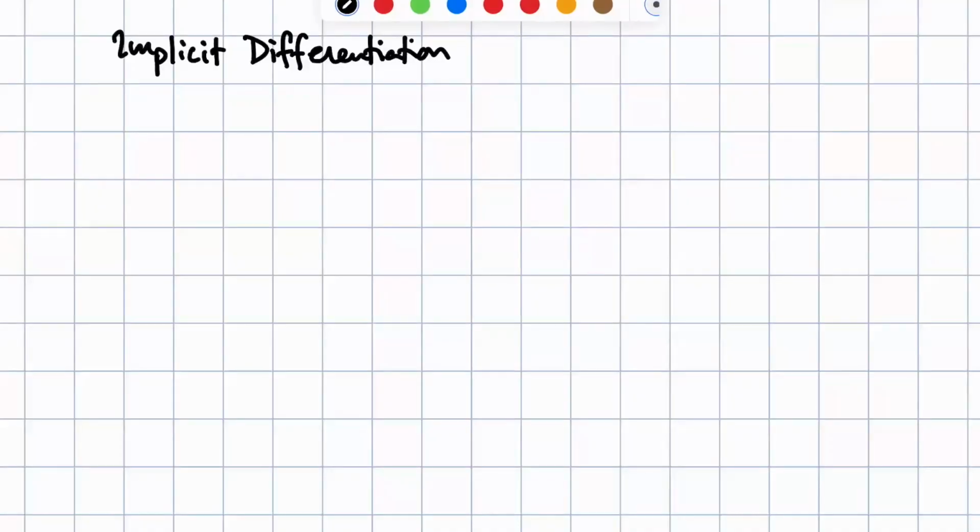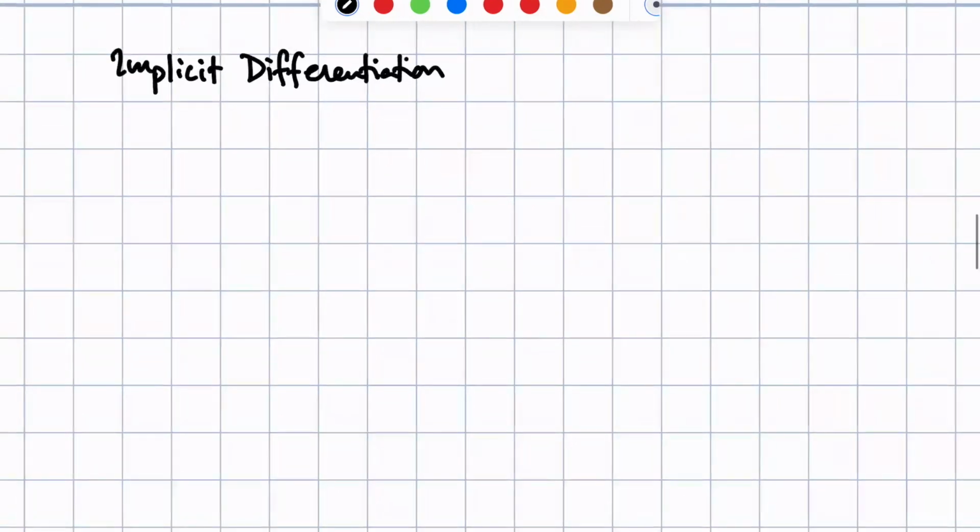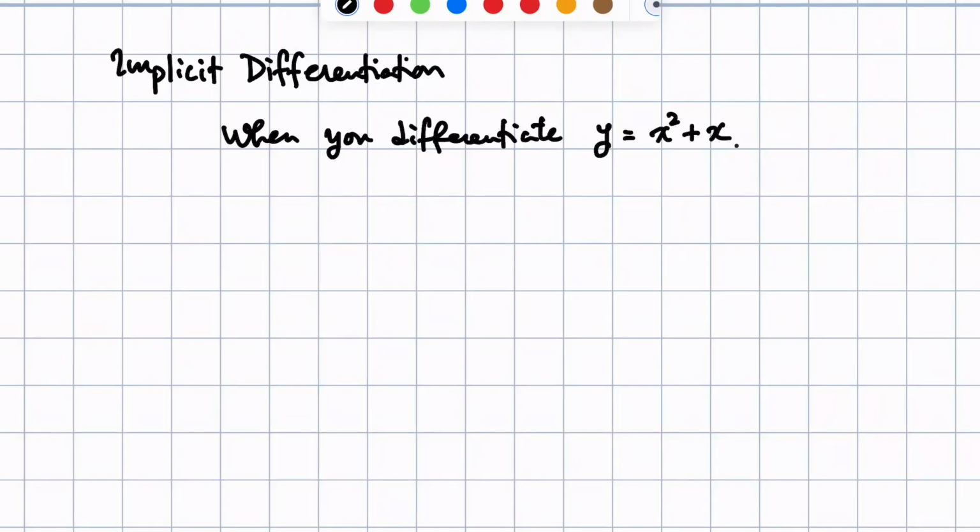Now let's recall a little bit about the concept of implicit differentiation. When you differentiate a function y equals, say, x squared plus x, then you have y prime equals 2x plus 1.